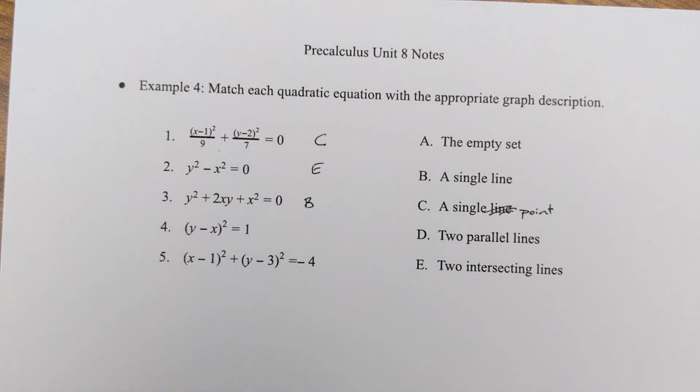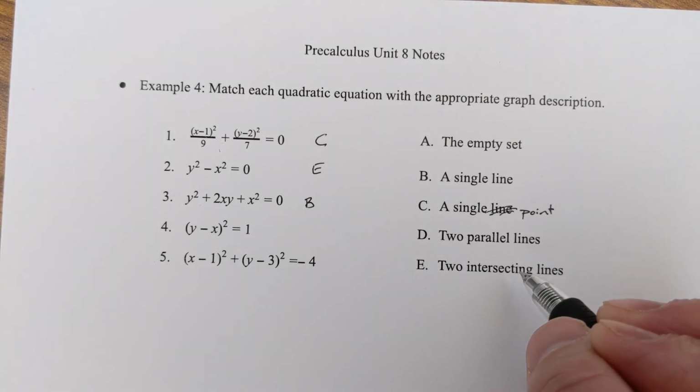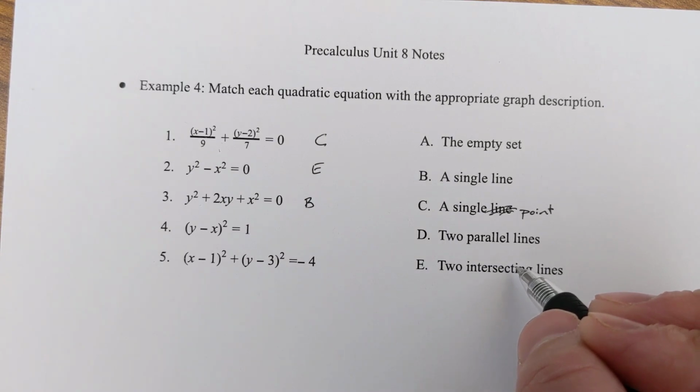Y minus x quantity squared would be a parabola if we did the discriminant test, but it is equivalent to x minus y equals plus or minus 1, which means we have 2 parallel lines.